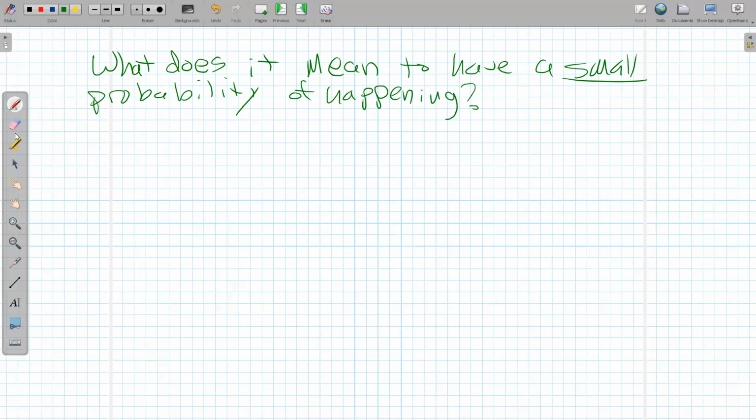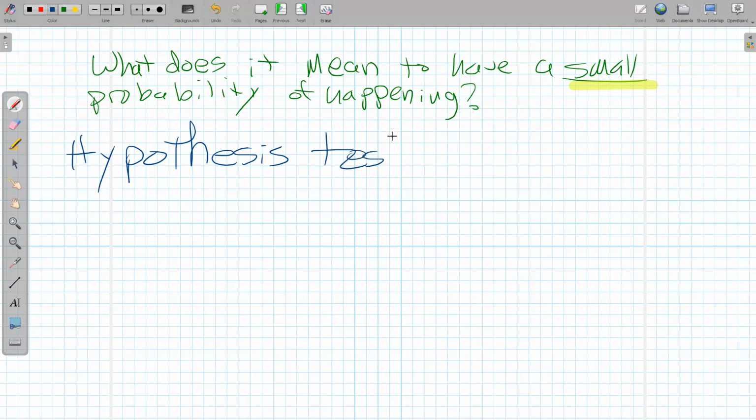And the emphasis here is that we have to figure out what small means. And it turns out it depends. And this idea of measuring what a small probability is, related to a question about data, is the idea of a hypothesis test. So hypothesis tests help us answer this. Hypothesis tests attempt to answer questions like this.